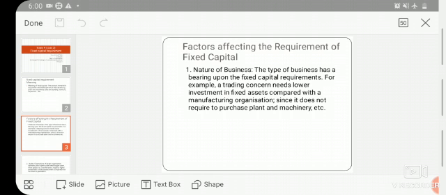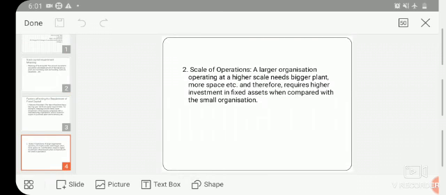Similarly, public utility undertakings like railway, electricity, water supply undertakings, and also public transportation require more fixed capital to invest on fixed assets.